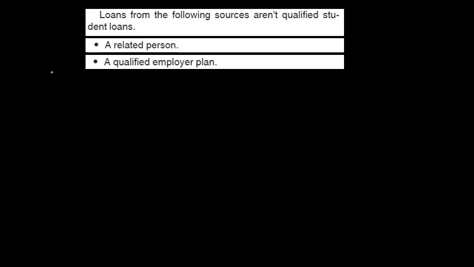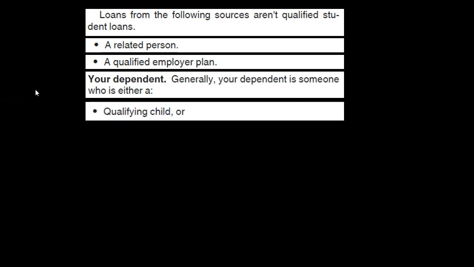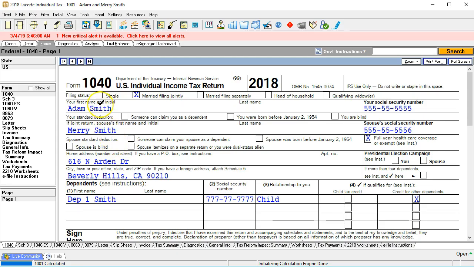Next, a qualified employer plan. A qualified employer plan not being a qualified student loan. Your dependent, generally your dependent is someone who is either a qualifying child or a qualifying relative. So if we take a look at our test 1040, the dependents will typically be down here.